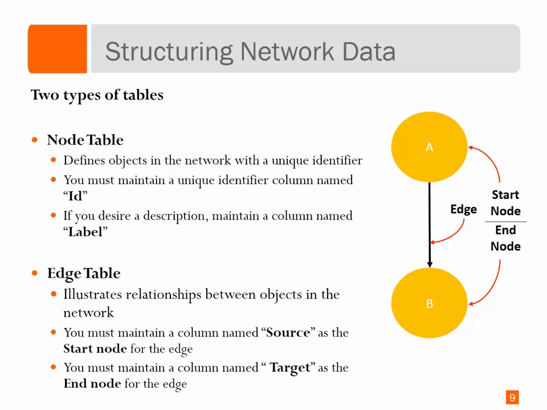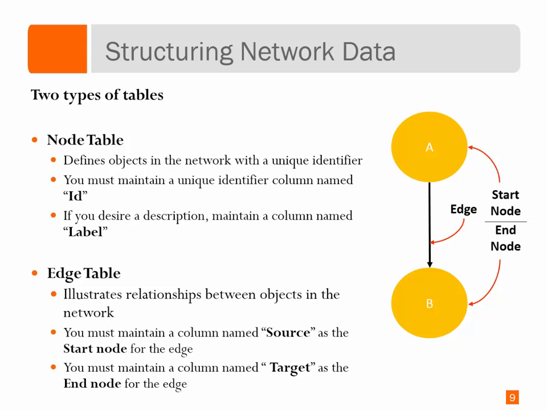Once we've finished with the node table, we'll then move on to the second table. That table is called an edge table, and we could also call it a link table. In the edge table, we're going to define the relationships between these objects in the network. We define it with the source and the target.